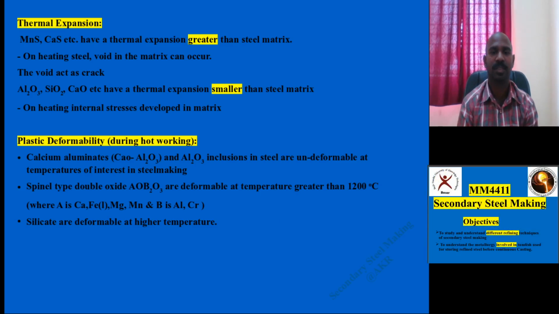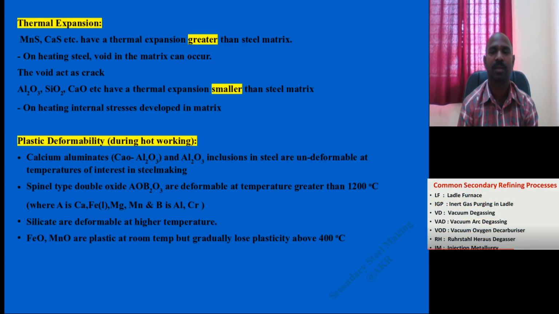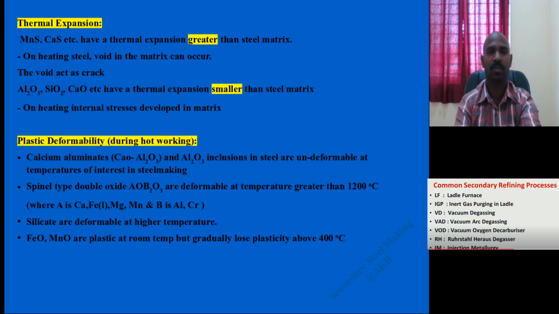That means you need to remove oxides such as FeO and MnO. You will lose the plastic property, ductility, even above 400 degrees Celsius.